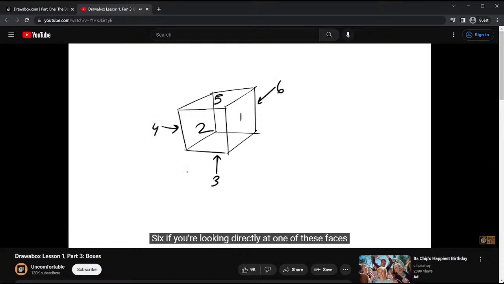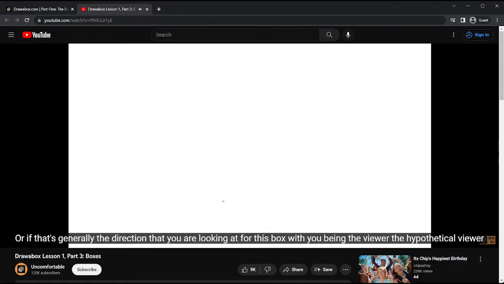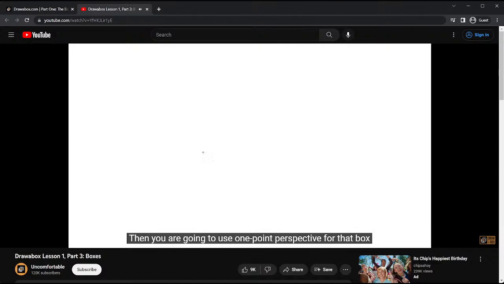If you're looking directly at one of these faces, or if that's generally the direction that you, the hypothetical viewer, are looking at for this box, then you are going to use 1-point perspective for that box.